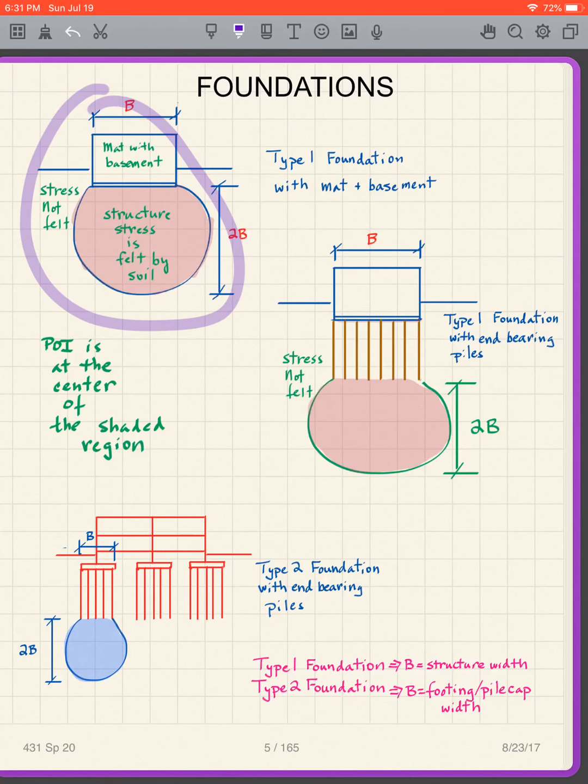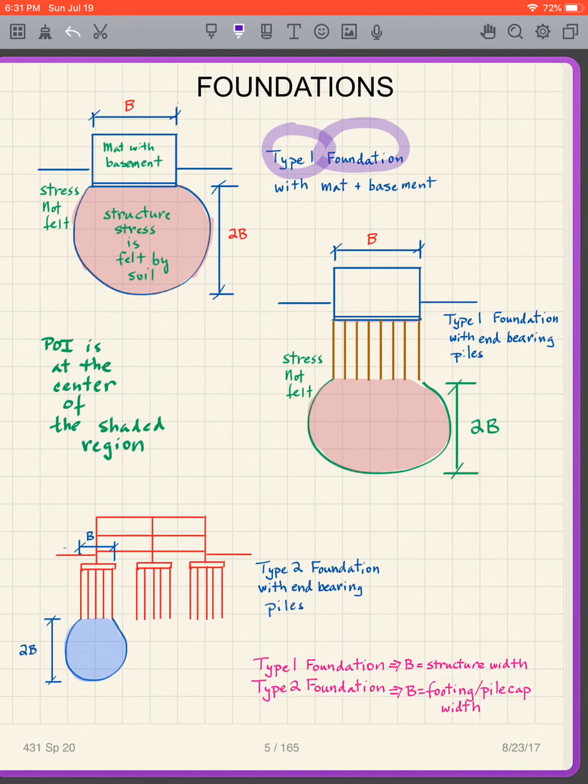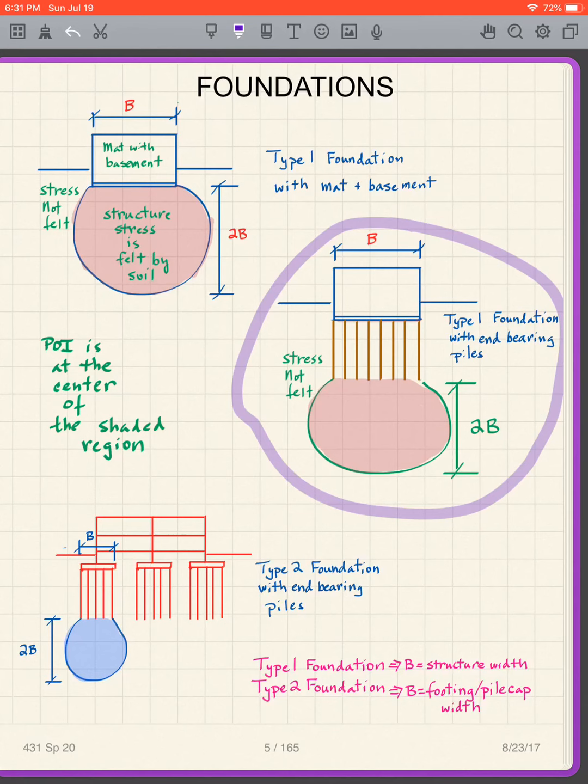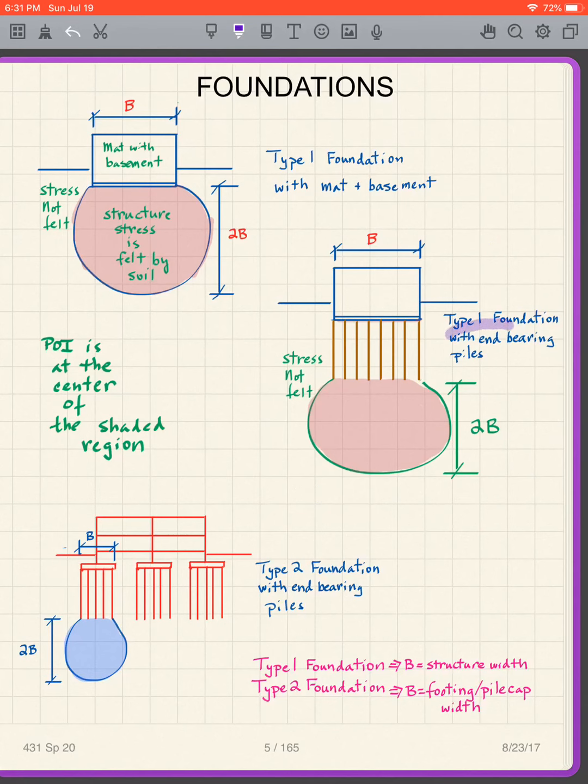I'm going to call that, this semester, a type 1 foundation. And that's mat and basement is type 1 foundation. I'll tell you what I mean by type 1 and type 2 in a minute. Another type of foundation is one that looks like this, with end-bearing piles.